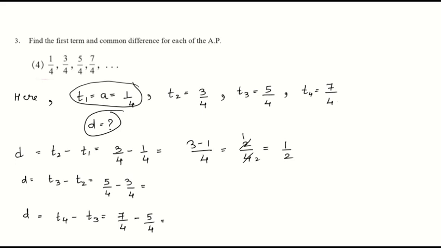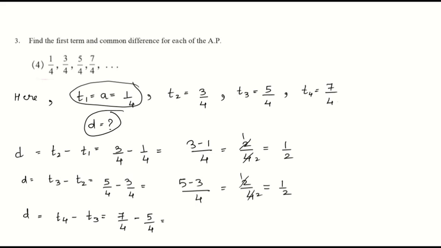Again to find the difference, we have now taken T3 minus T2. What is T3? Is 5 upon 4 minus T2 is 3 upon 4. So it is 5 minus 3 upon 4, which is again 5 minus 3 is 2 upon 4. So it is 1 upon 2 again.